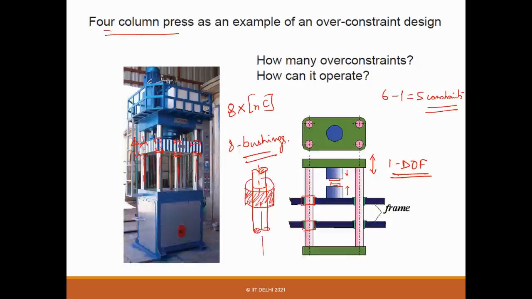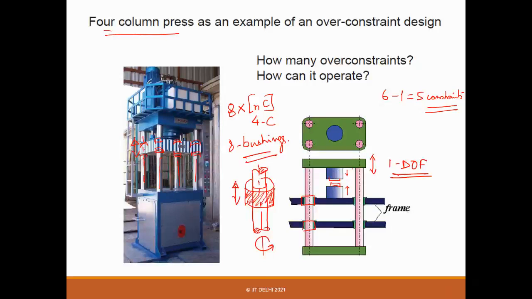With respect to each other, what it can do is translate, it can slide, but it can also rotate, right? So there are 2 DOF, one translation and one rotation. So it means it constrains 4. It cannot move in the direction perpendicular to this axis, and there are 2 rotations as well which it cannot have.